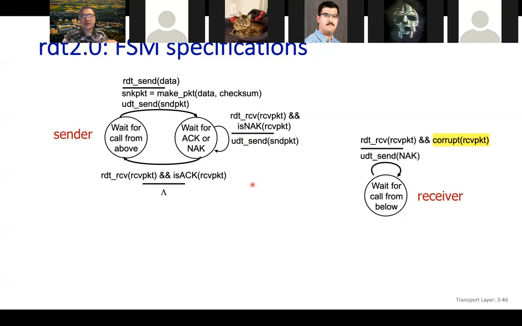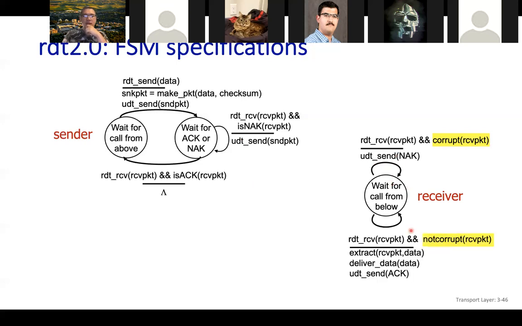What about the receiver part? The receiver part is, I think, pretty straightforward. If you receive the data, right? If it's okay, with no corruption, you receive the packet. If it's corrupted, you send the NAK, right?